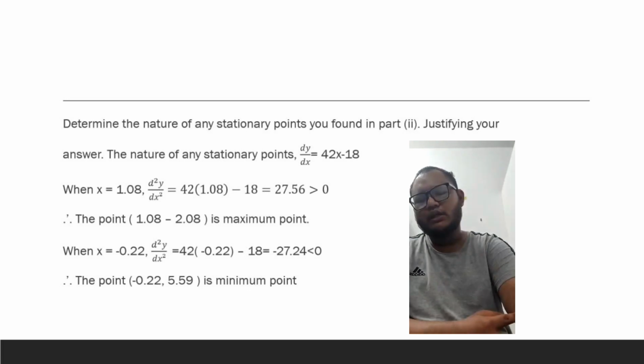But when x equal to negative 0.22, d power 2y per dx power 2 equal 42 times negative 0.22 minus 18 is equal to negative 27.24, lower than 0, and therefore the point negative 0.22, 5.59 is a minimum point.